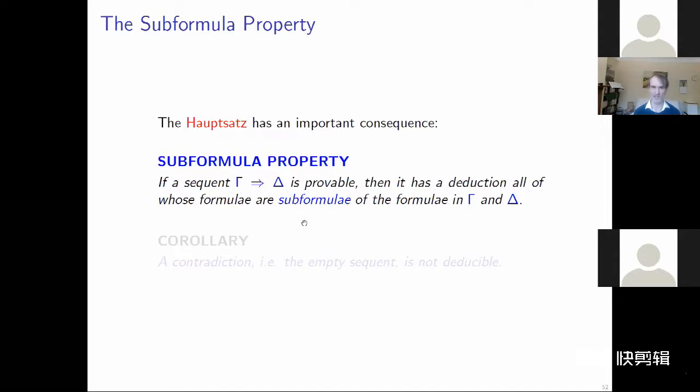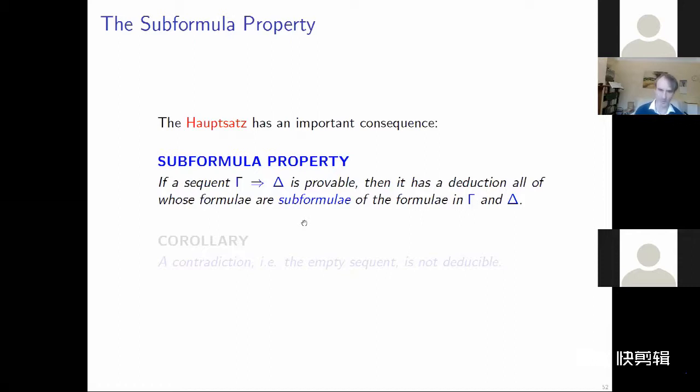And this has the consequence that all the formulas that appear in the deduction must be, in some sense, subformulas of formulas in gamma and delta. So this is the property of the Sequent Calculus: if the cut rule is removed, then nothing really gets lost.